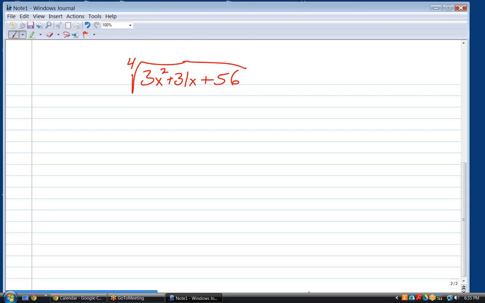Does this factor? Yes, it does. Let's factor that quadratic inside. It's x plus 8 and 3x plus 7.